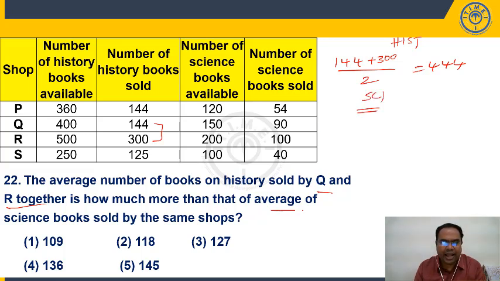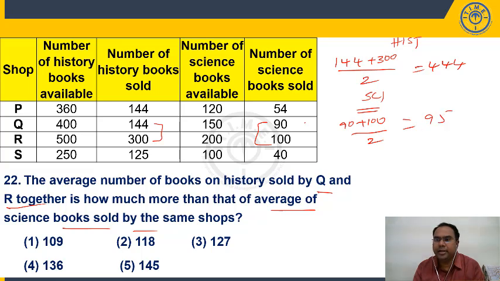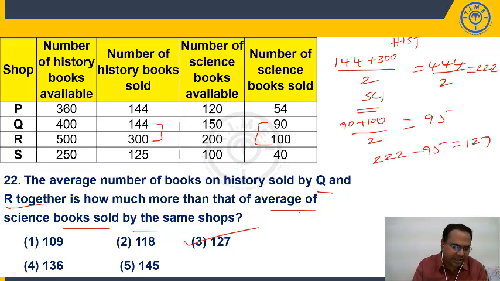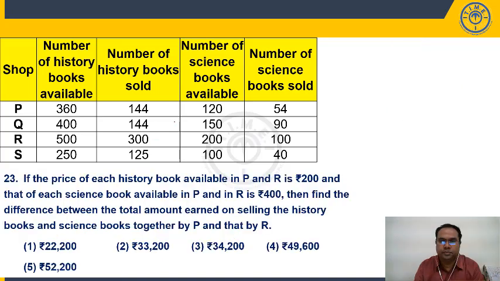How much more than that of average of science books sold by the same shops? 90 plus 100 by 2, 190 by 2 is 95. 444 by 2 average, I forgot this, it is 222. So 190 by 2 it is 95. So difference we want. Difference between 222 and 95 is 127. 127 is present in third option.